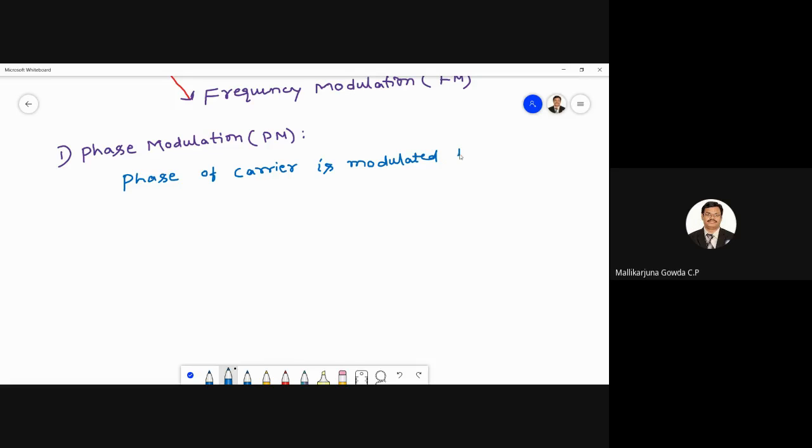Is this clear? The phase of the carrier is modulated by what? The message signal.